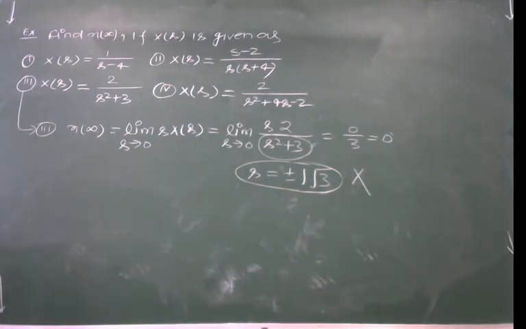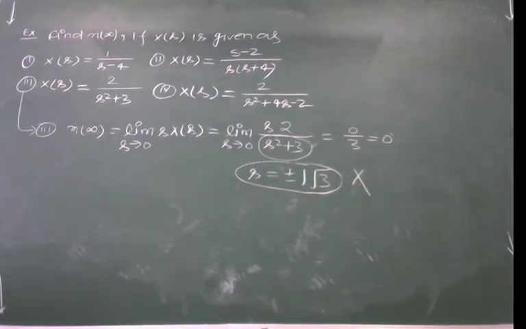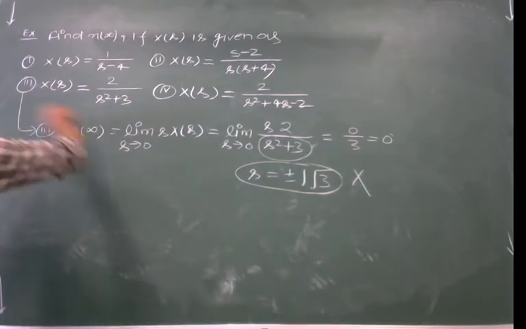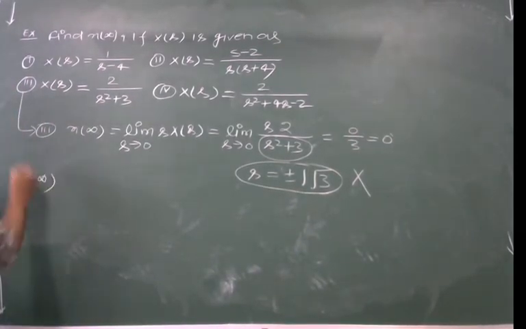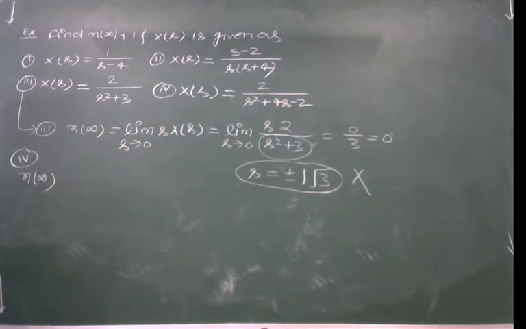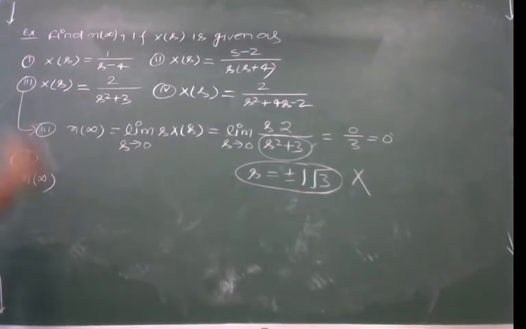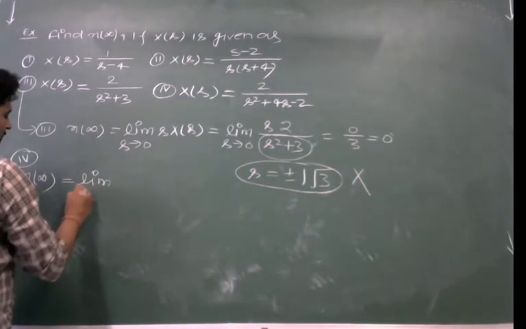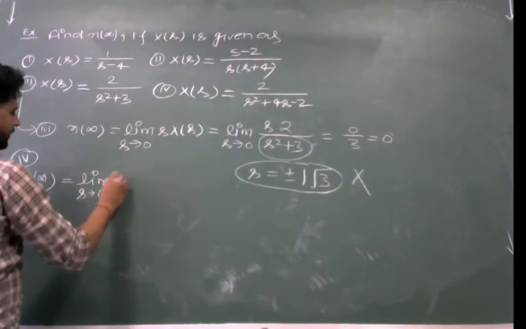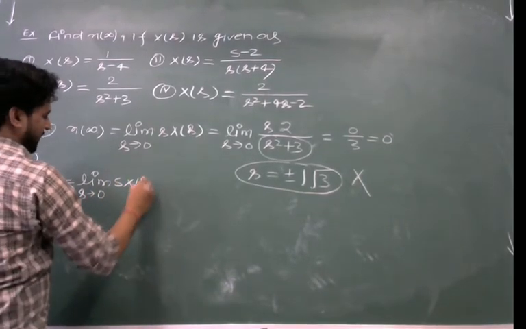The next one is x of s is given as 2 upon s square plus 4s minus 2. We have to get the final value of this given. So the final value x of infinite for example number 4 can be given as limit s tends to 0, s times x of s.